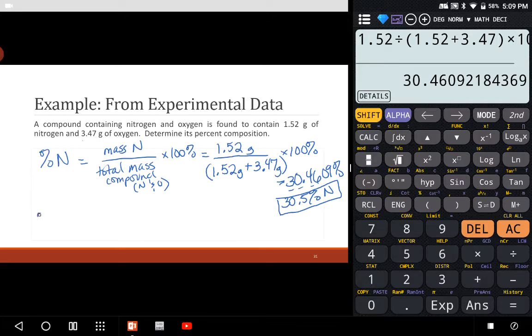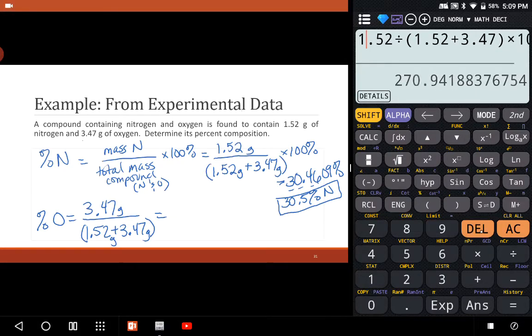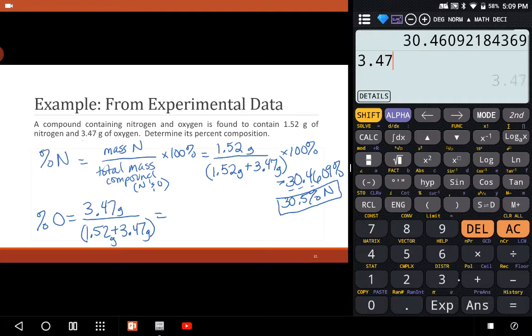Then my percent due to oxygen would be the same, only inversed. So that's 3.47 grams divided by 1.52 plus 3.47 grams. And let's see if I can type this into my calculator correctly the first time. That's 3.47 divided by open parentheses 1.52 plus 3.47.